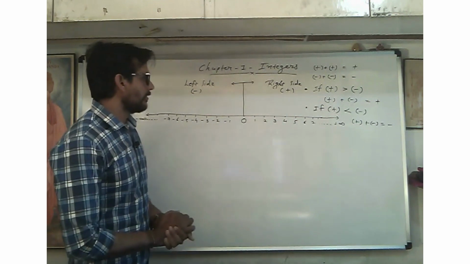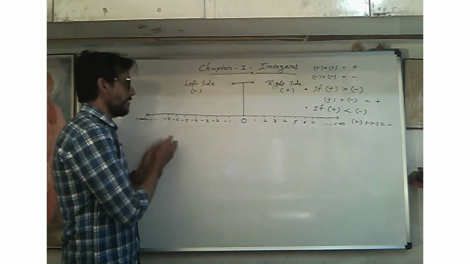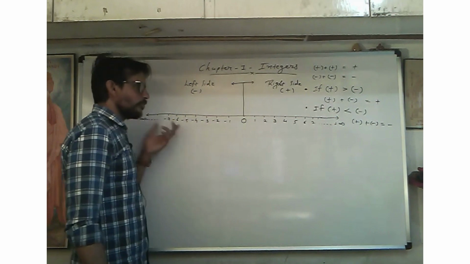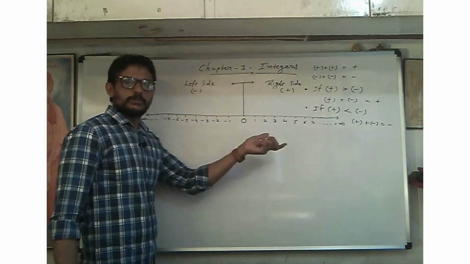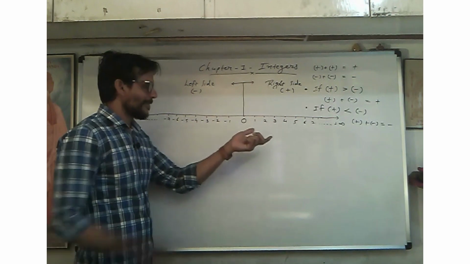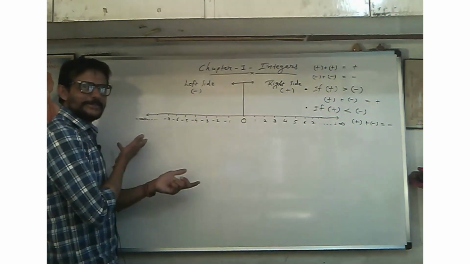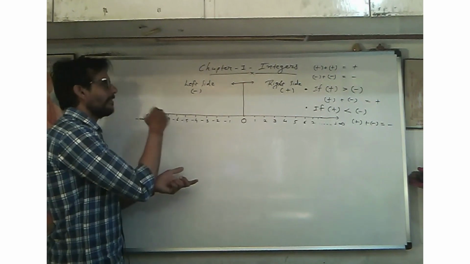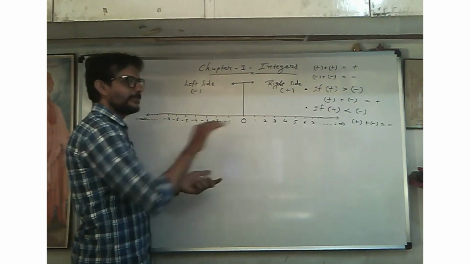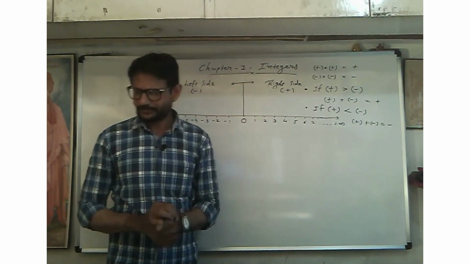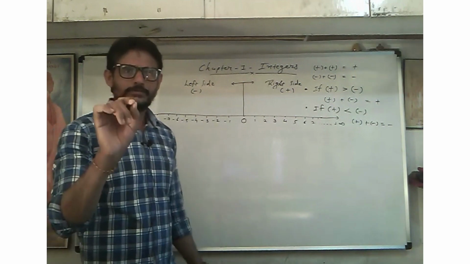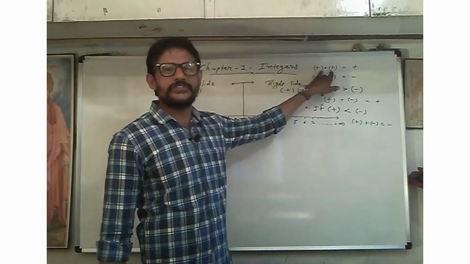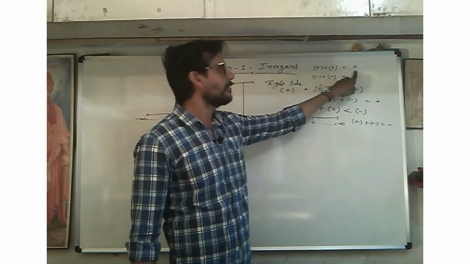Yeah. Now, when you add a negative integer, that means you move to the left side. But when you subtract a negative integer, that means you move to the right side. Clear? Okay. Last one. When you add positive integers, you will get a positive integer.